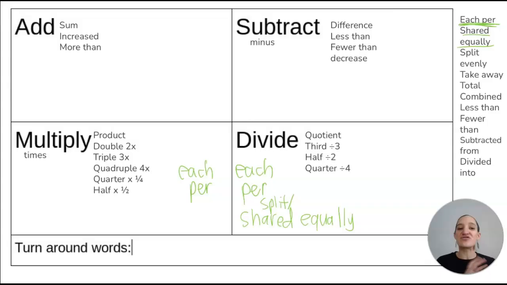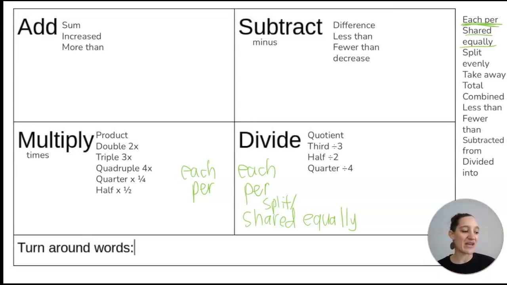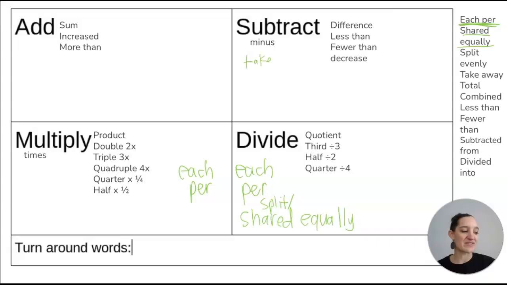So if we see that, we can translate it into a division sign. If we take something away, that means we're going to subtract. If it's asking us for the total, then we're going to add up and get the total amount. Or if we're combining amounts, we are going to add.